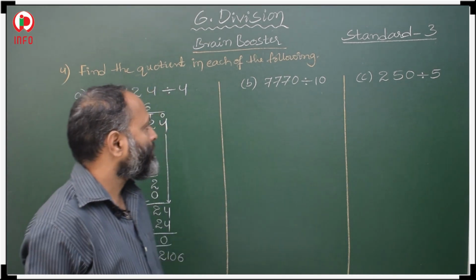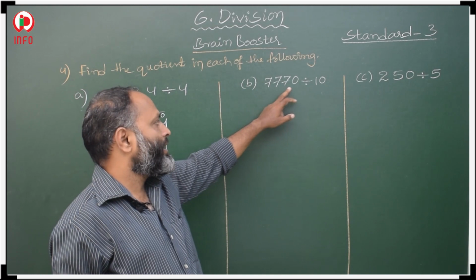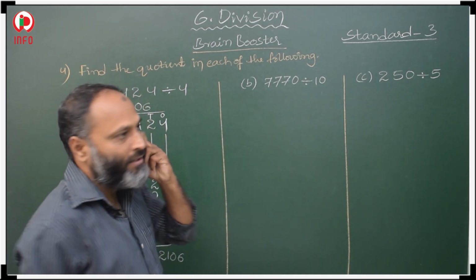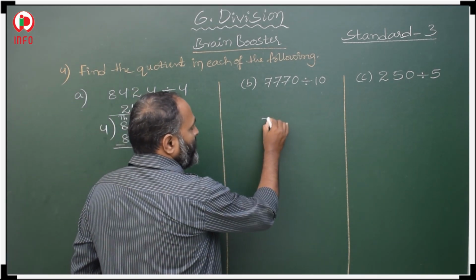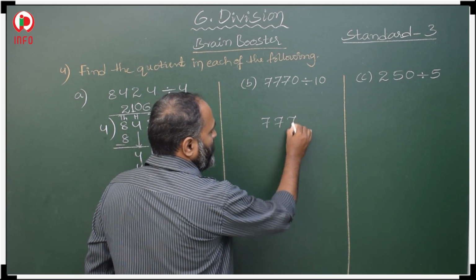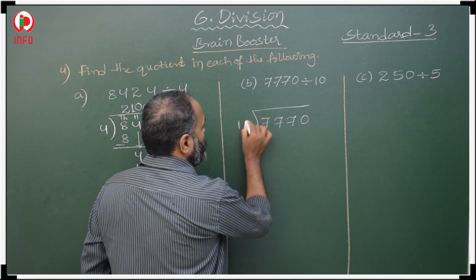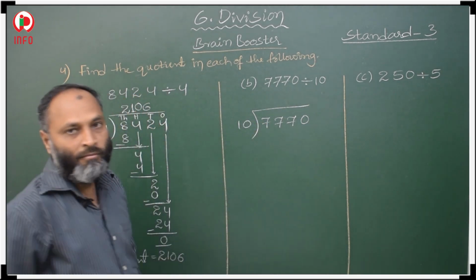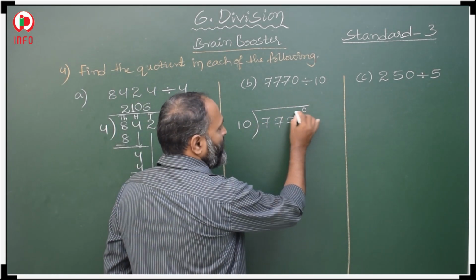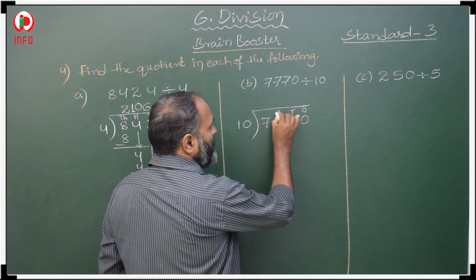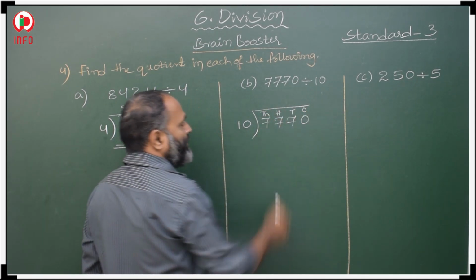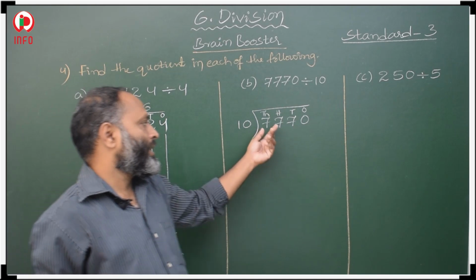Next question, 7770 we have to divide with 10. This is ones place, tens place, hundreds place and thousands place. First we have to take 77.